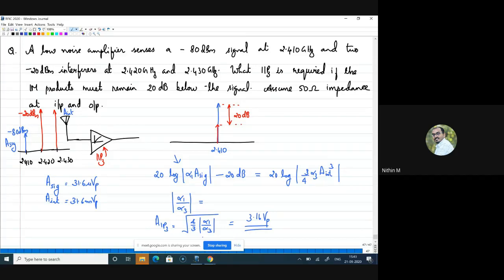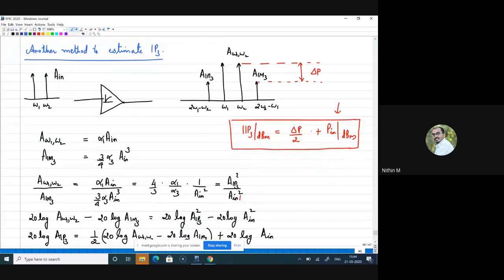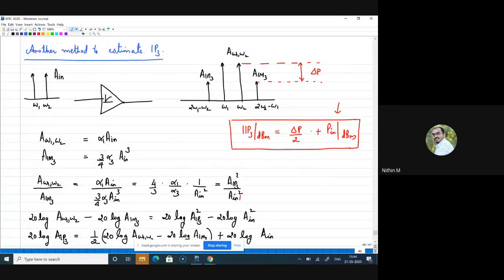Where Juhi went wrong. Juhi, are you there? Yes, sir. Did you get where you went wrong? No, sir. So you have probably taken the output. How did you take the output power level? Because if you want to use this formula that we discussed just before, can you explain how you solved that?